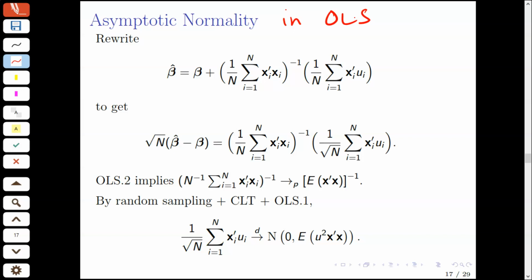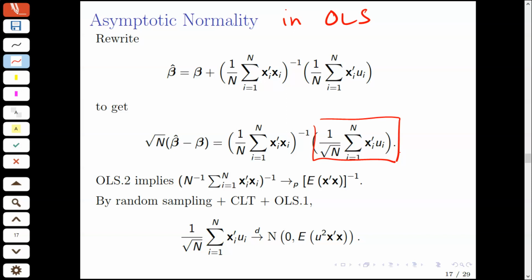Now, if we rearrange that previous expression, that is, we pull beta to the left-hand side and scale the result by square root n, then we get the following. We still have this inverse average outer product of the regressor vectors, but now we have a scaled average of the regressor vectors as well as the unobservables, the ui's.